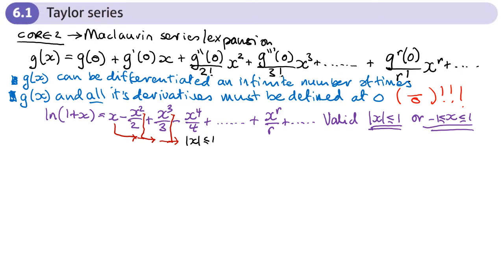But what happens if, say, for example, I substitute in a value that's close to one of these extremes? So let's say, for example, I substituted in x equals 1 because I wanted to estimate or approximate log 2. So let's say I wanted to find an approximate answer to the log of 2, which means that x is 1. So in the expansion, then I'd substitute in 1 minus 1 squared over 2 plus 1 cubed over 3 and so on.